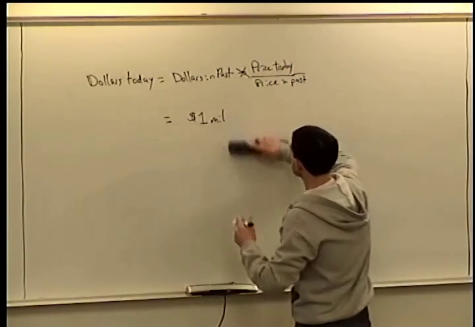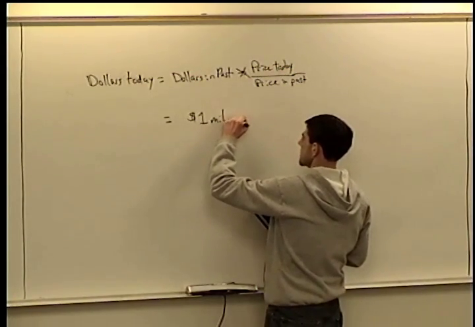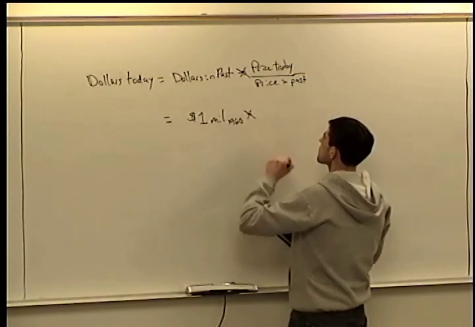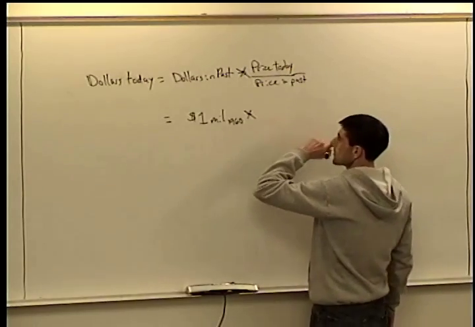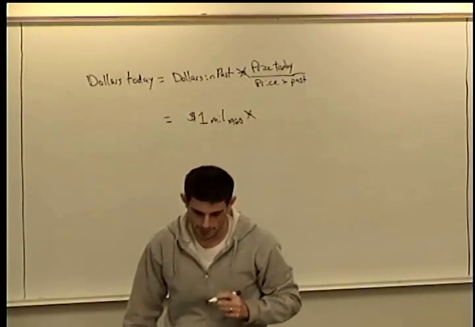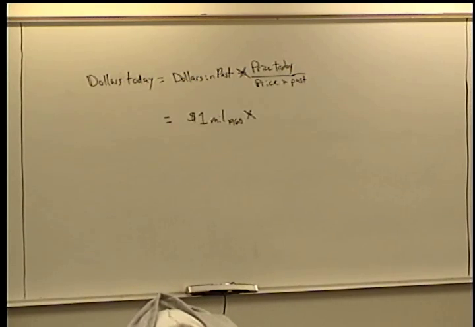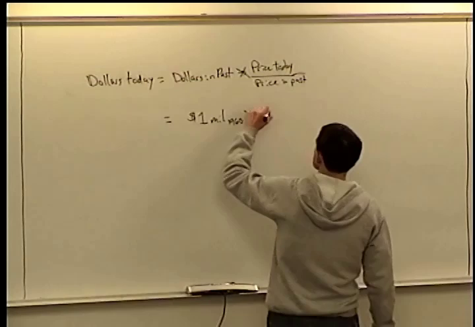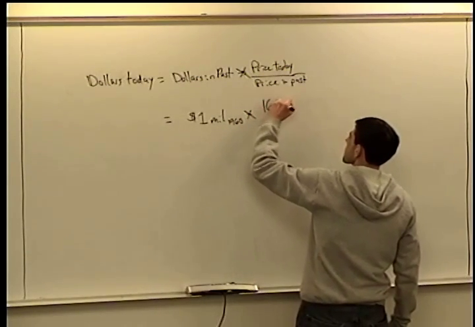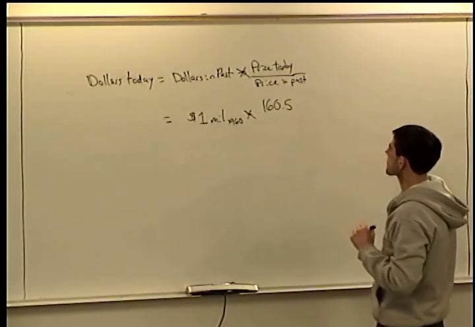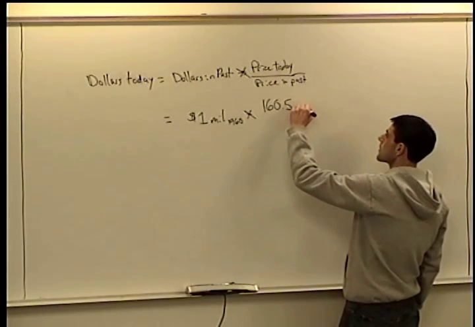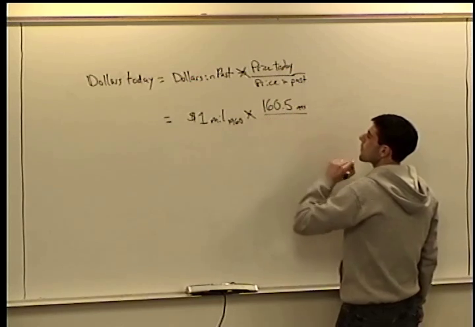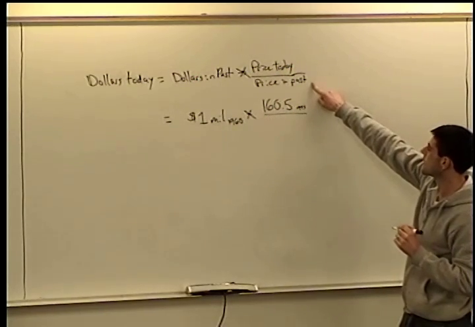So this is $1 million in 1960. Then we're going to multiply by the CPI in 1995, and the CPI in 1995 was 160.5. So this is the CPI in 1995 divided by the CPI in 1960.